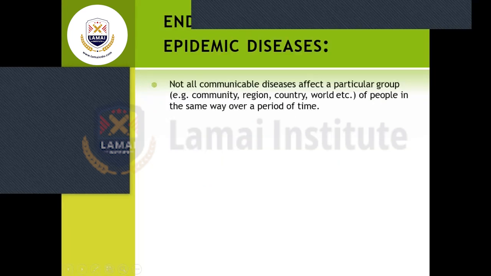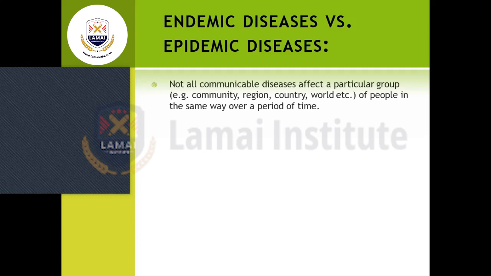Then the other thing I would want to address is this concept of endemic diseases and epidemic diseases. Not all communicable diseases affect a particular group, that is a community, region, country, or the world, in the same way over a period of time.